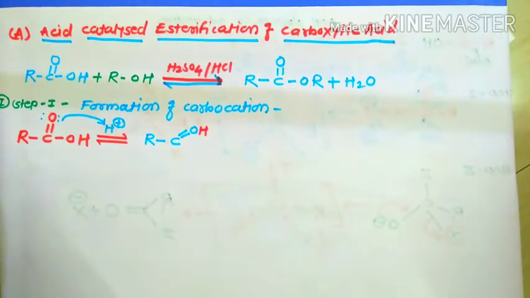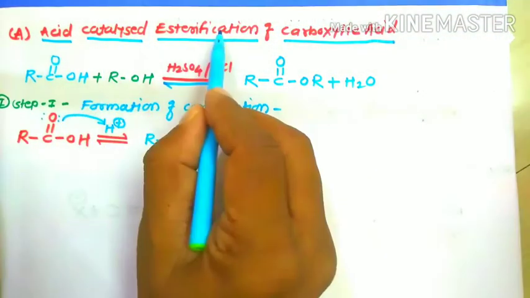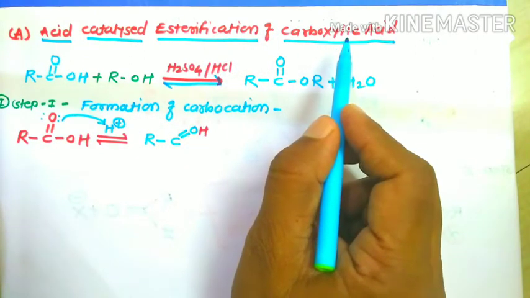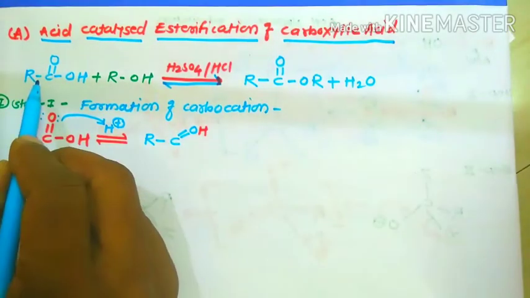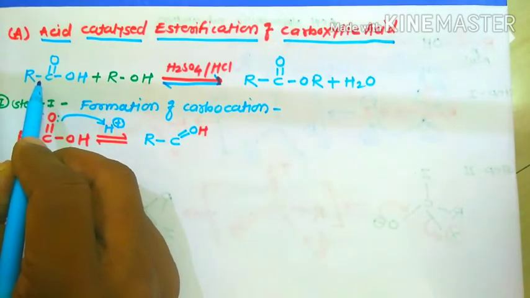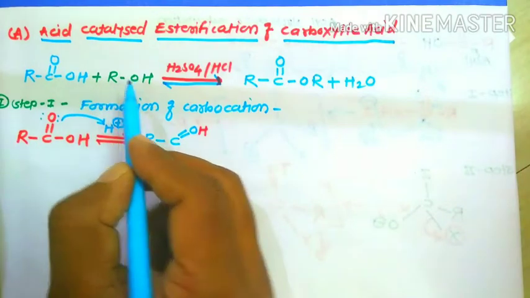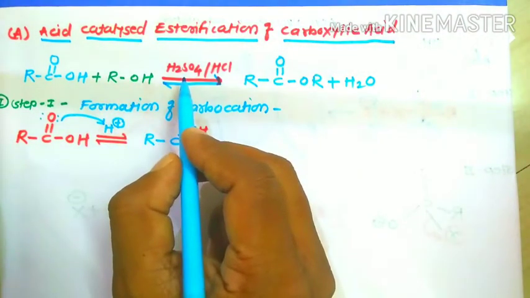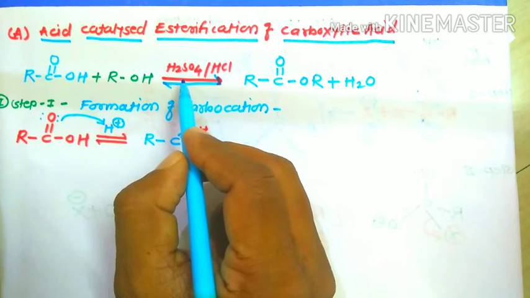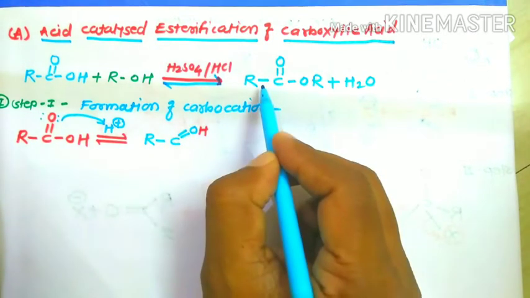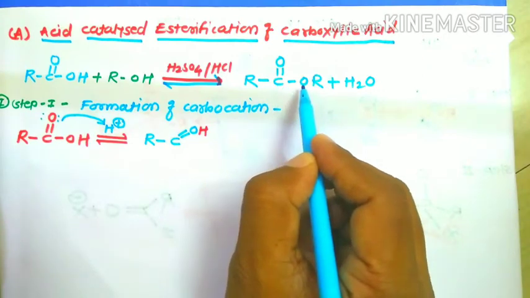Then the first example, acid catalyzed esterification of carboxylic acid. When the carboxylic acid RC double bond OH is reacted with alcohol ROH in presence of concentrated H2SO4 as well as HCl, this is a reversible reaction to give RC double bond OR.